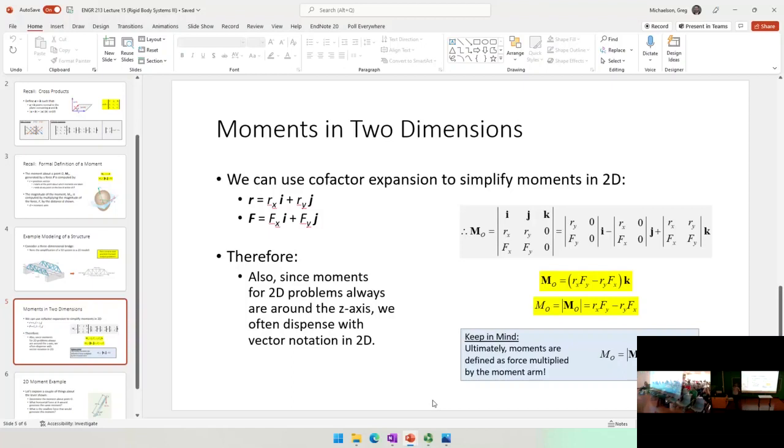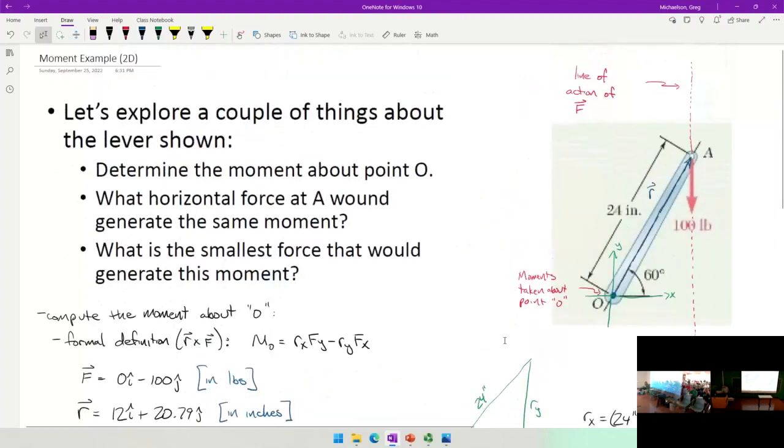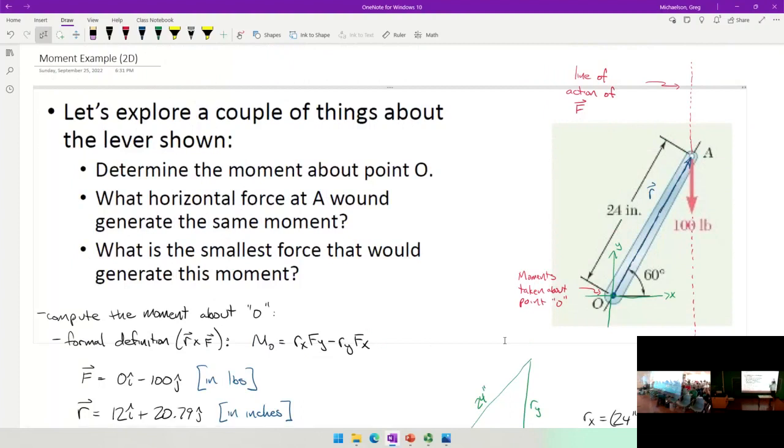Sound good? Now, let's just make sure that we're living in the land of common sense too, because, okay, I propose that this force generates moment that's clockwise. Does that make sense looking at the problem? I mean, look at the problem. Here's point naught right here. Here's 100 pounds over here.